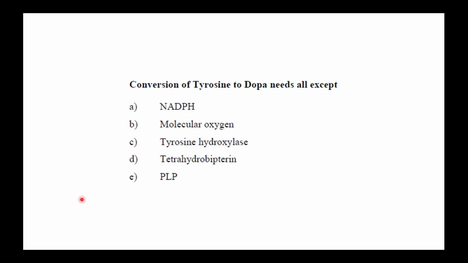Conversion of tyrosine to dopa needs all except option A, NADPH, option B, molecular oxygen, option C, tyrosine hydroxylase, option D, tetrahydrobiopterin, and option E, PLP.